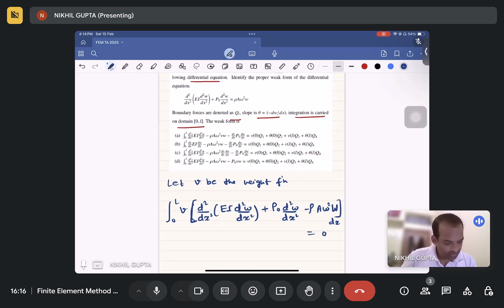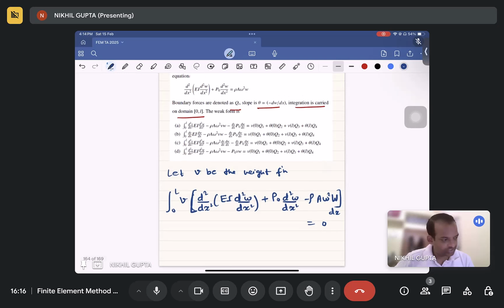Now let's do the integration by parts of this. If you do it 2 times, I'll directly write what you will get: integral of d2V by dx square EI d2W by dx square dx plus some boundary terms.